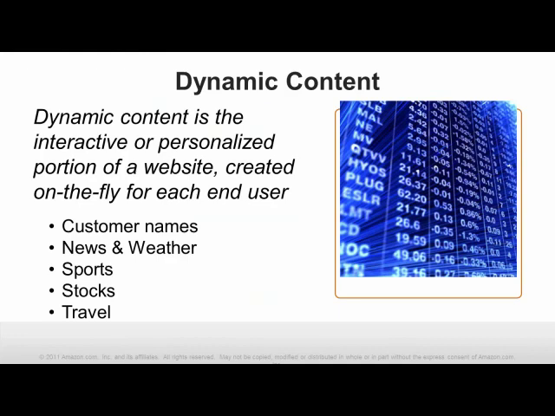Dynamic content, in contrast, is the interactive or personalized portion of the website that's created on the fly for each end user. So this could be the customer's name, like Jared's name on the screenshot we saw earlier, or personalized information, things that we tend to see, news, weather. People want the weather where they are, so personalization in weather and sort of the news stories are very important. Sports scores, stock quotes, travel information. All of these things are very personal, and they change from user to user.